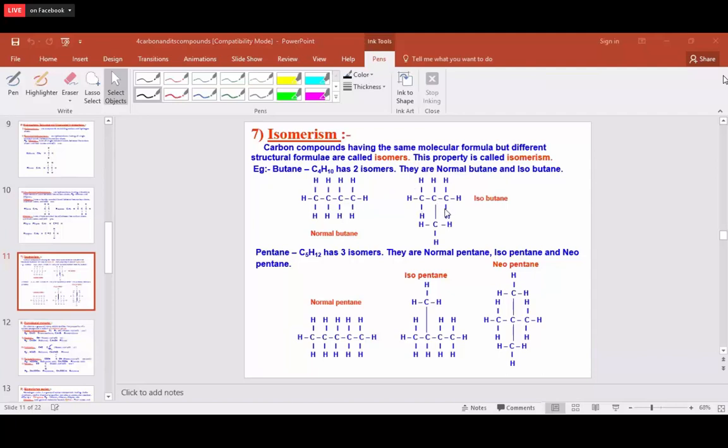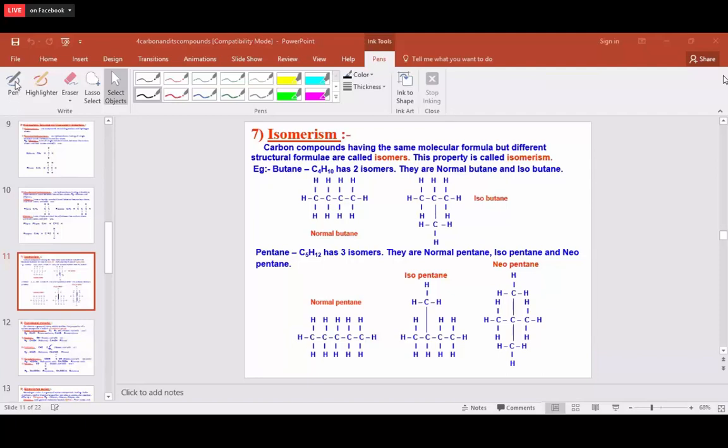We break the carbon chain. The one more carbon atom left out we place at the center carbon atom.